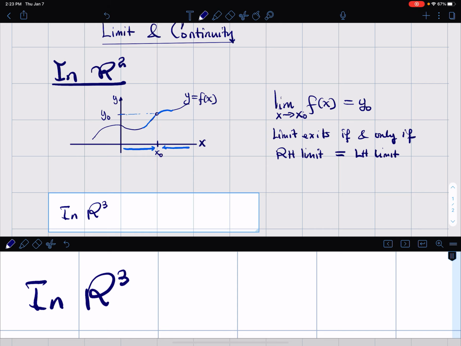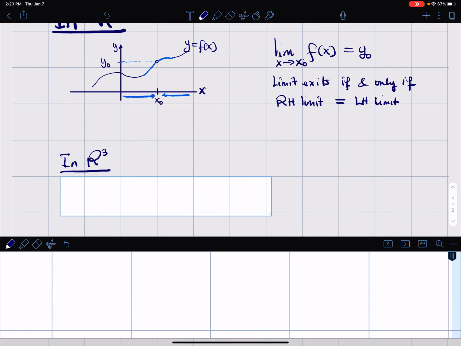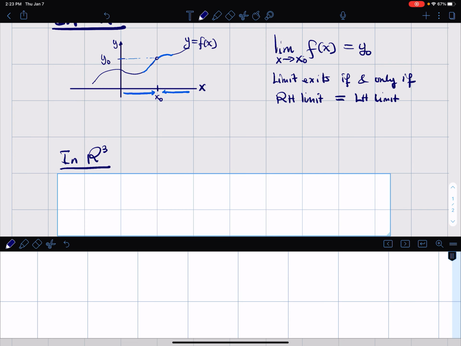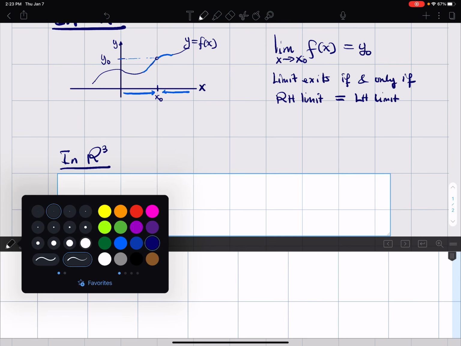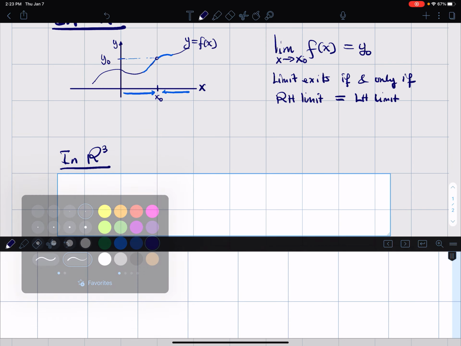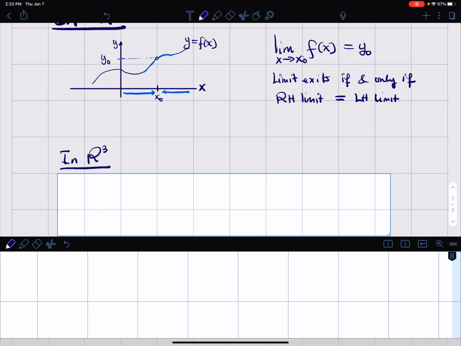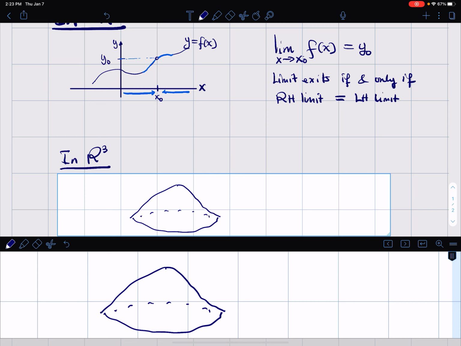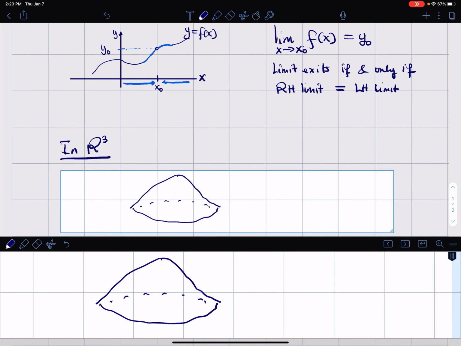In R3, let's sketch a function. It's usually harder to sketch a function in R3, but I'm going to cheat a little bit. I'm going to draw the function first. Let's draw the function. And then I'm going to put my axis.